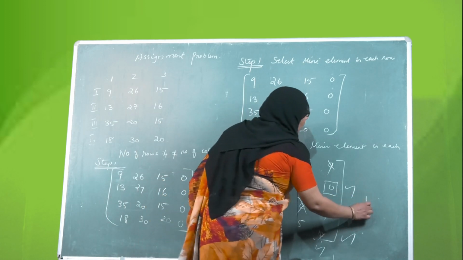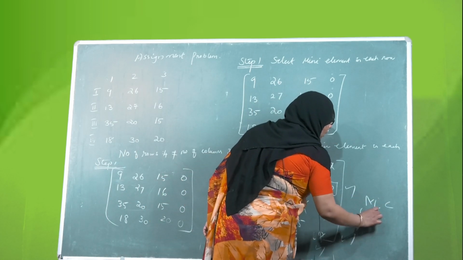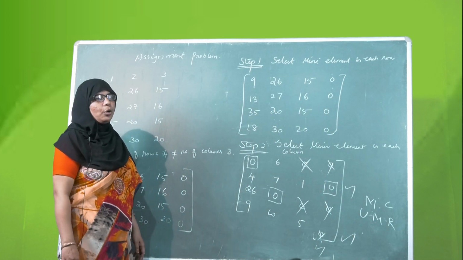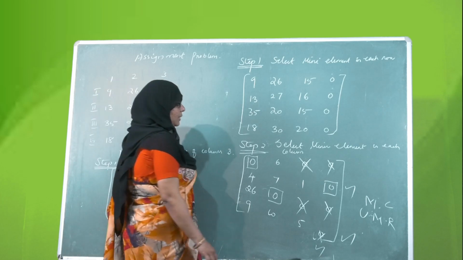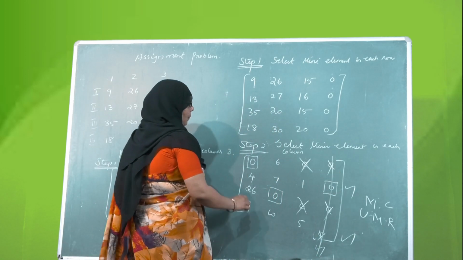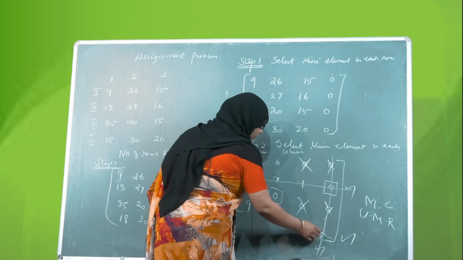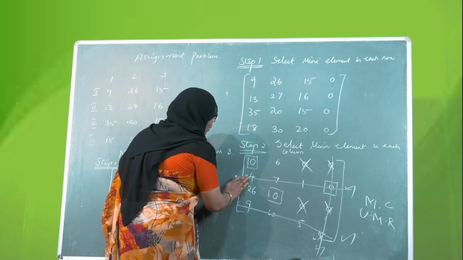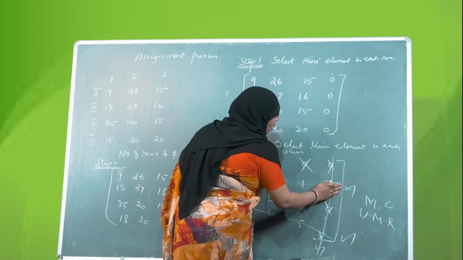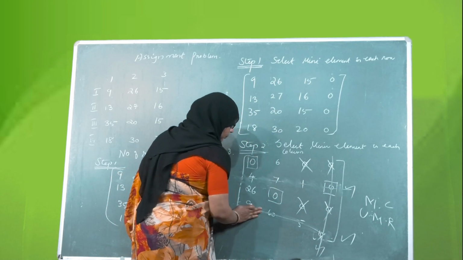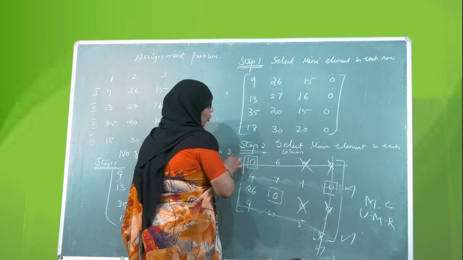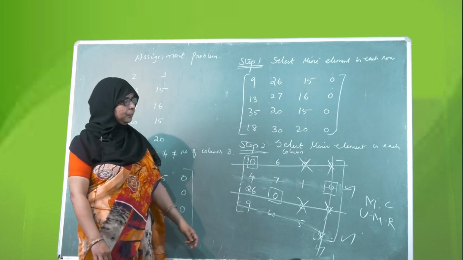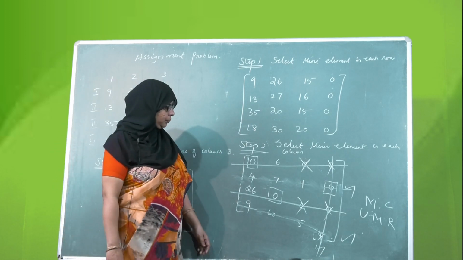So, marked column, unmarked row. Marked column means last column, unmarked row means the first row and third row.